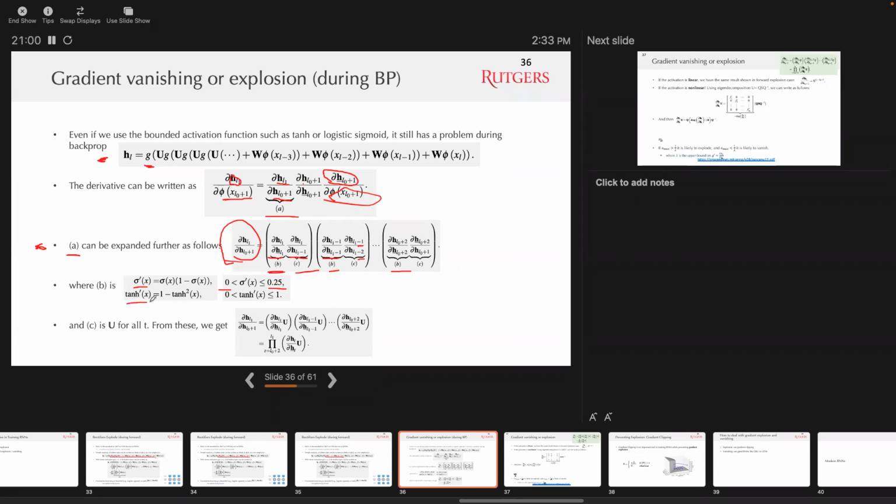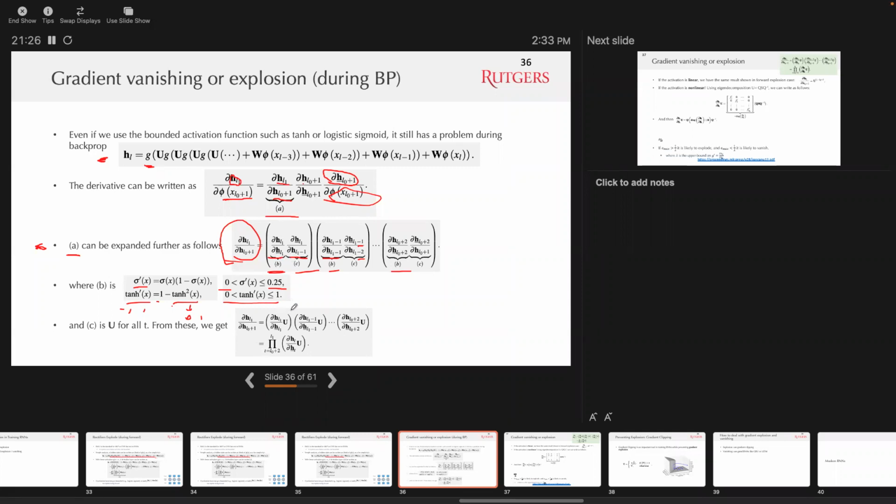If you use hyperbolic tangent, then the gradient is going to be 1 minus the square of the hyperbolic tangent. Because hyperbolic tangent is between minus 1 and 1, this whole thing is going to be between 0 and 1. So these are bounded.